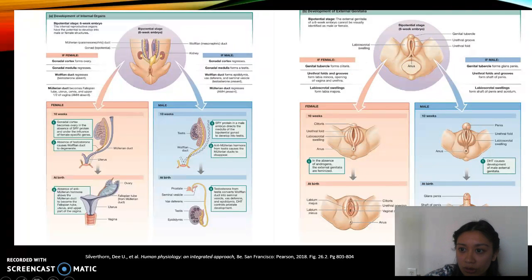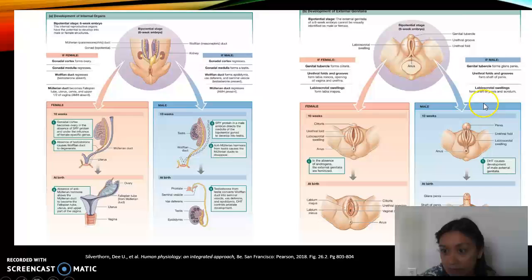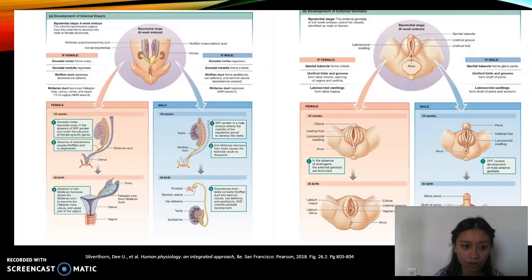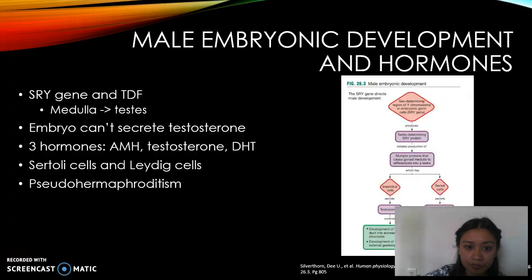If the individual is male, the genital tubercle is what forms the glans penis, the urethral folds and grooves will form the shaft of the penis, and the labioscrotal swellings will form the scrotum as well. So female and male external genitalia have their counterparts for the opposite gender.